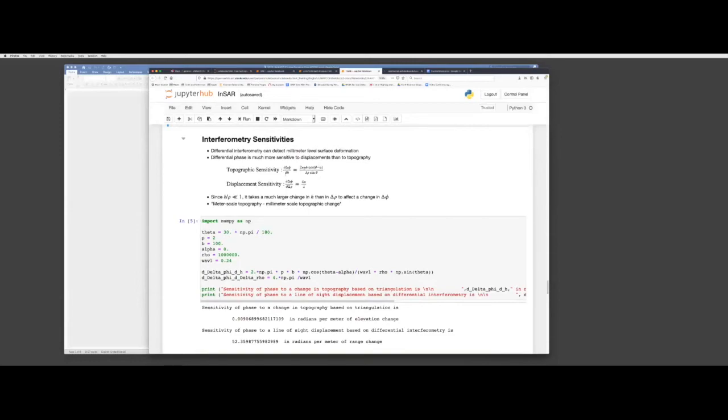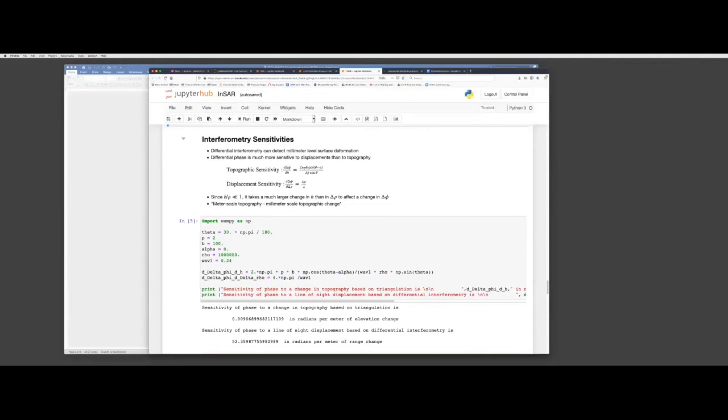If you calculate, for the topographic case where you have a baseline of some length, the change in the phase with respect to height, you get this expression related to the ambiguity height from above, which has this b cosine theta minus alpha term in it. You see it has b and rho in the denominator.